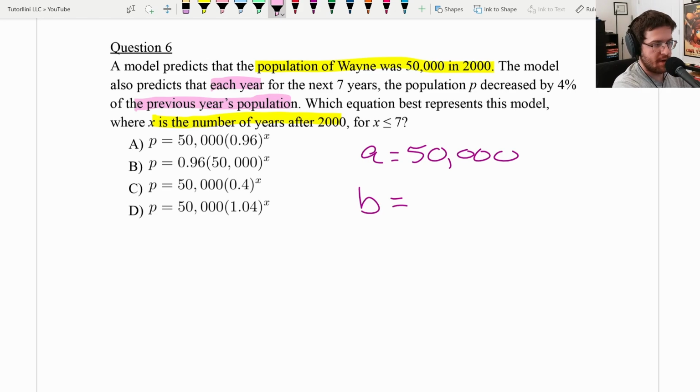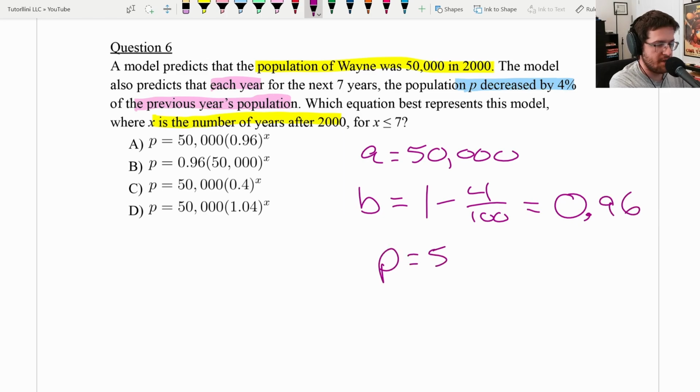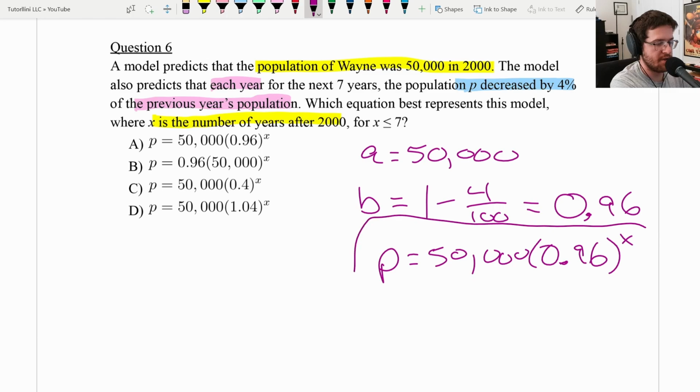And they tell us the number is a 4% decrease. So b is equal to whatever the multiplier for a 4% decrease is. Well, we did that in our percent videos. It's 1 minus 4 over 100. If you put that in a calculator, you should get 0.96. So the function should be p equals 50,000 times 0.96 to the x. I'm doing all this without even really looking at the answer choices, so I don't get tricked. And that is looking a lot like answer choice A.